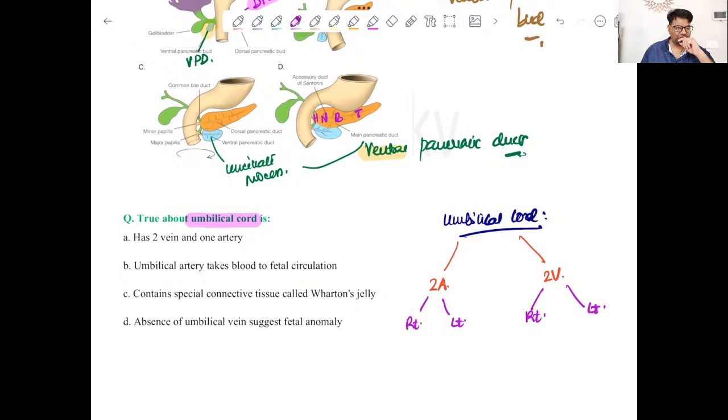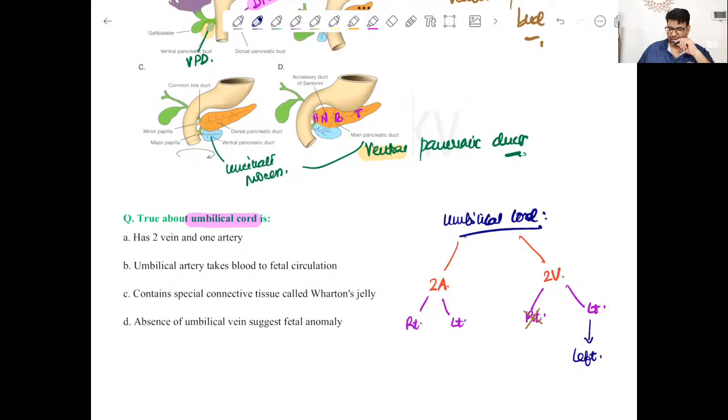You both are partially true, but not in the true sense. Let me explain. There are two arteries and two veins. But what happens during the course of time? The right vein disappears and the left vein is left.